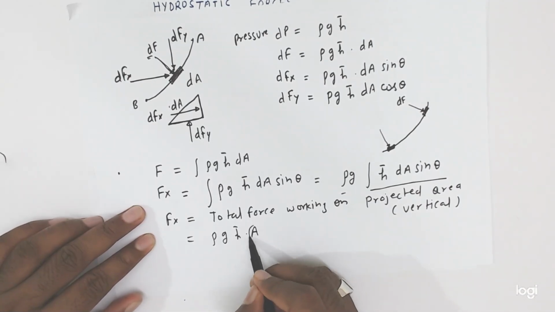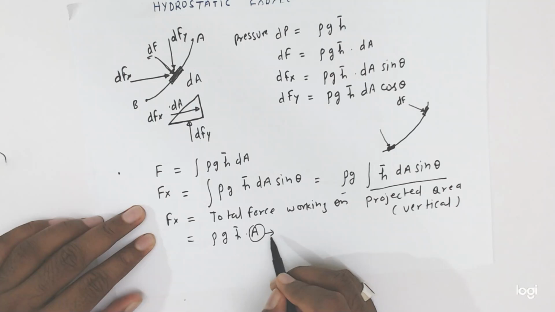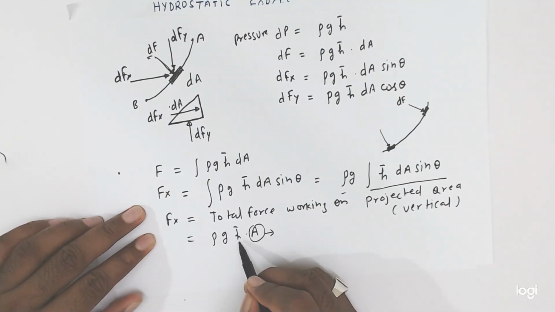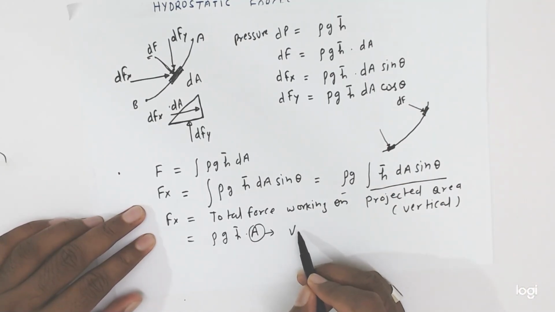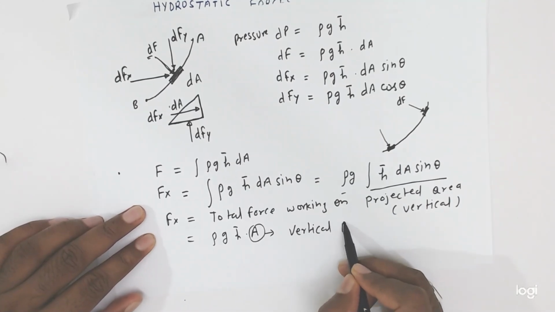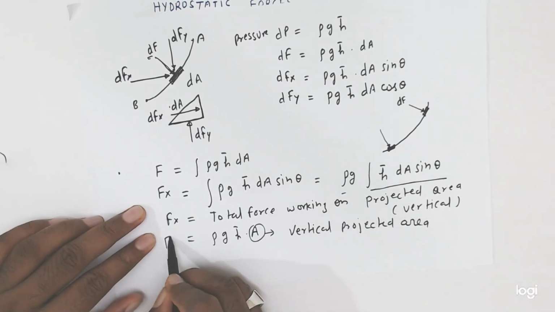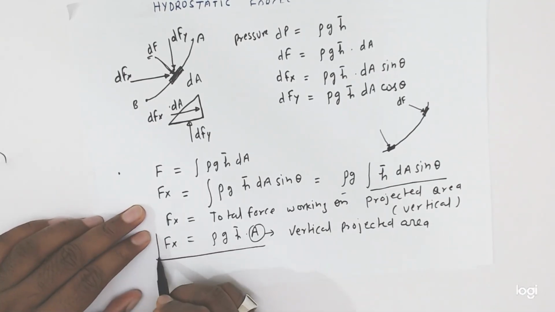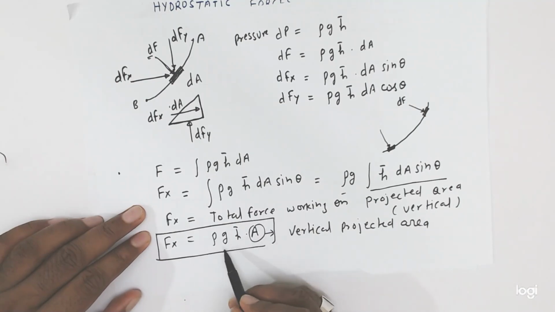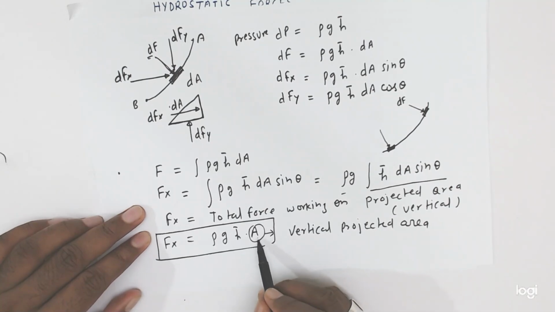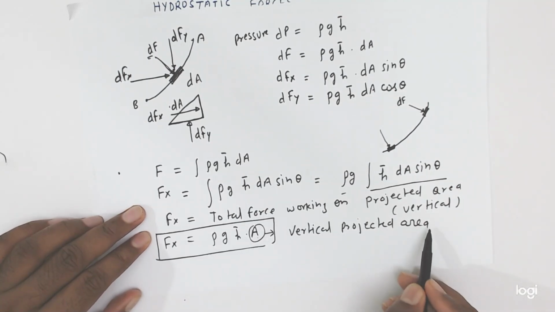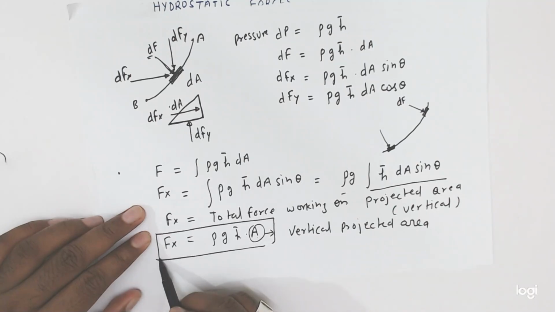Here h bar is the distance from the center of the element to the free surface, and this is the vertical projected area. So this Fx is the total force, equivalent to rho g h bar into A, or rho g A h bar, and this area is the vertical projected area. Okay friends, this is the horizontal force.